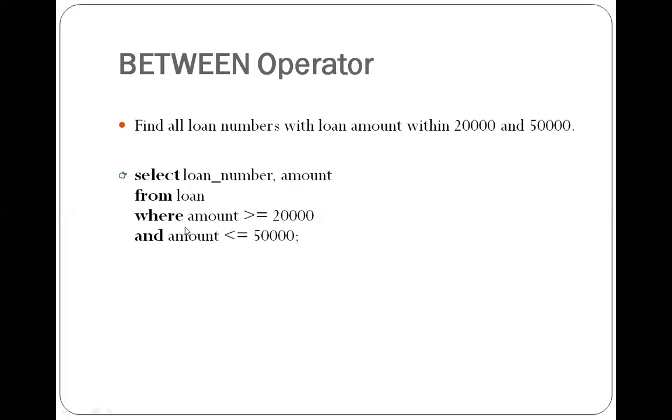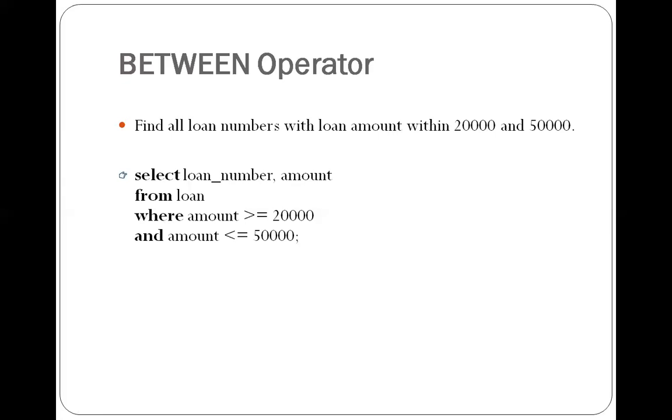We have already learned the AND operator. So that means it will select all those loan numbers from the loan table where amount would be greater than 20,000 and as well as that must be less than 50,000.